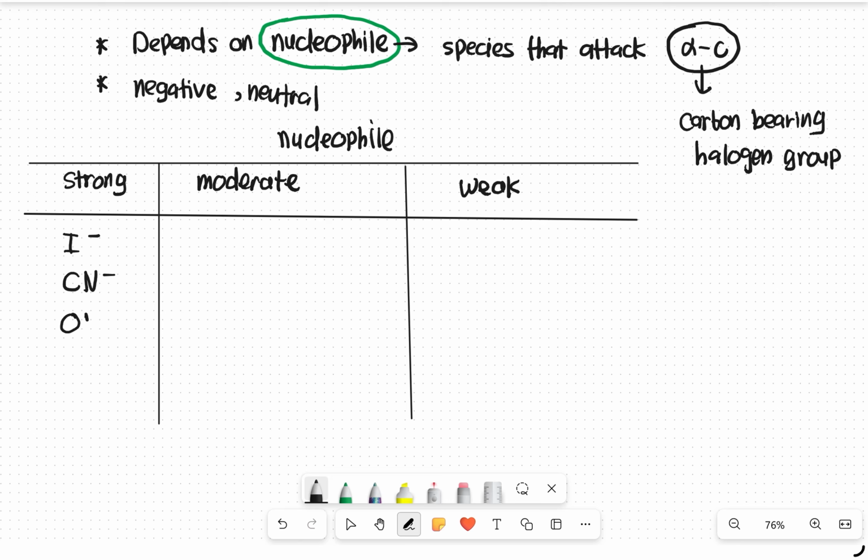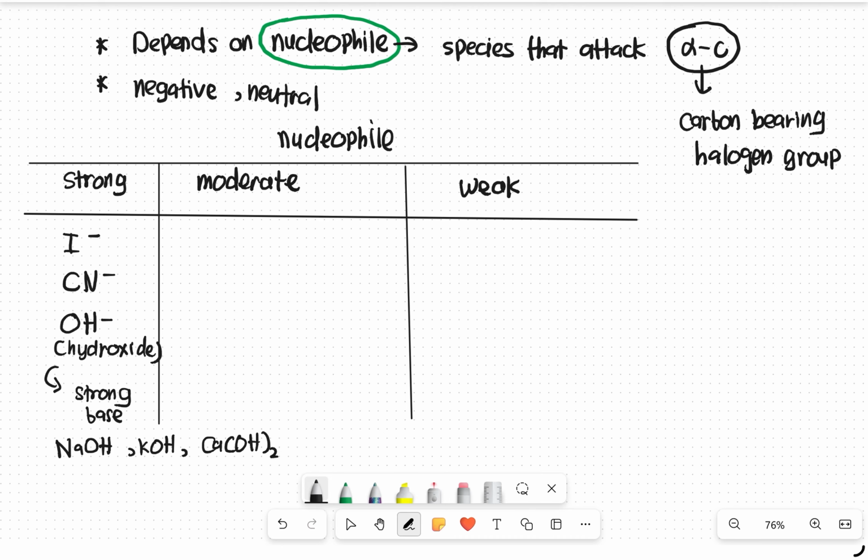Next, hydroxide ion, this OH negative. This is specifically hydroxide, a very strong nucleophile. It is obtained from a strong base, for example NaOH, KOH, and Ca(OH)2.